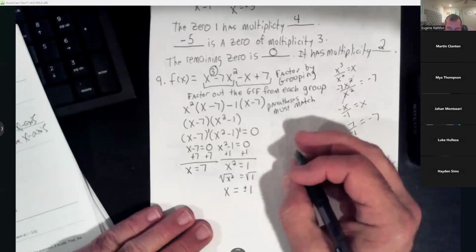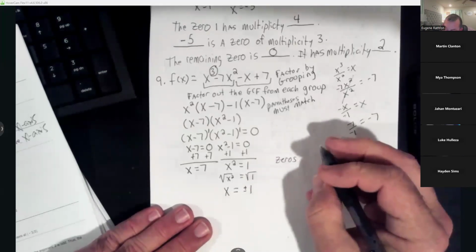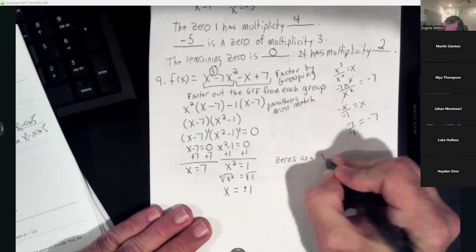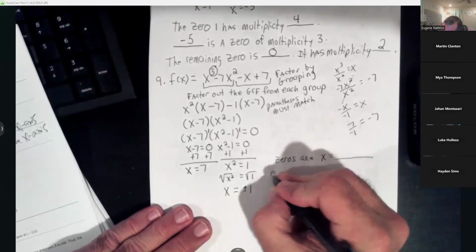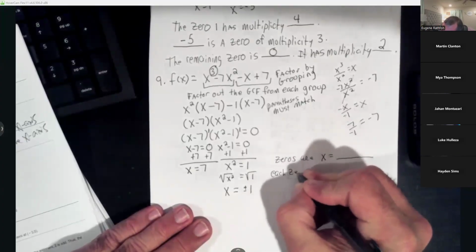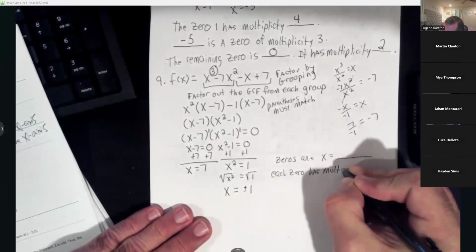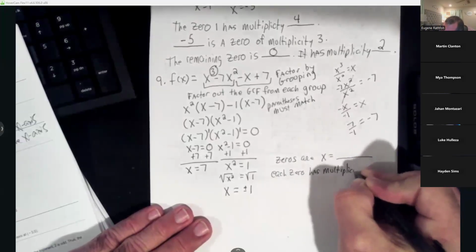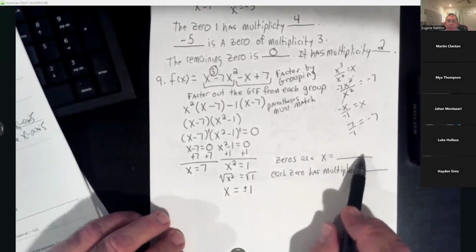So in MATLAB, it'll say the zeros are x equals blank. Each zero has multiplicity blank. So what am I putting in the first blank?